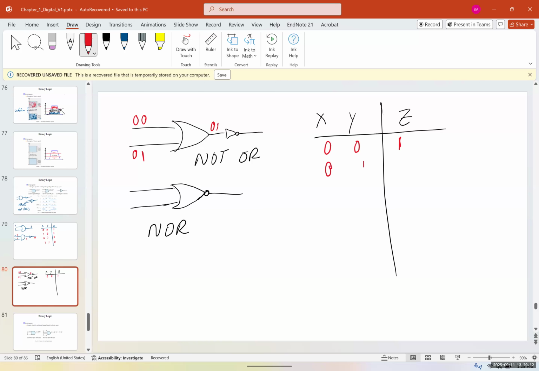So 0, 1 would be 1, and the output would be 0. If I have 1, 0, this output would be 1, and the final output would be 0. And if I have 1, 1, this would be 1, and the final output would be 0.